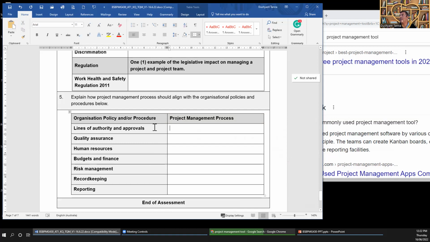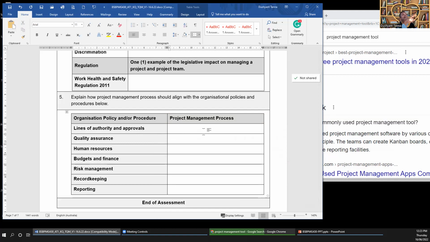So a clear line of authority and approval will really help the company and the project manager to follow organization structure and policy. You should clearly state, okay, you are the project member, you report to this project manager, who reports to the finance manager, who reports to the CEO or the country director.